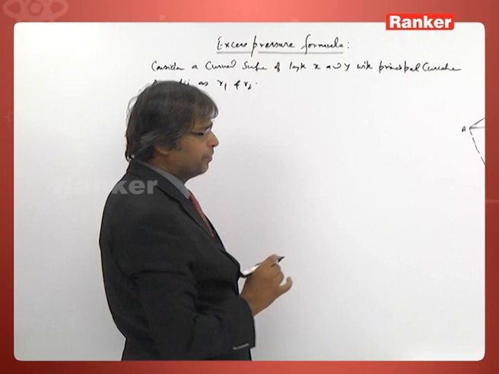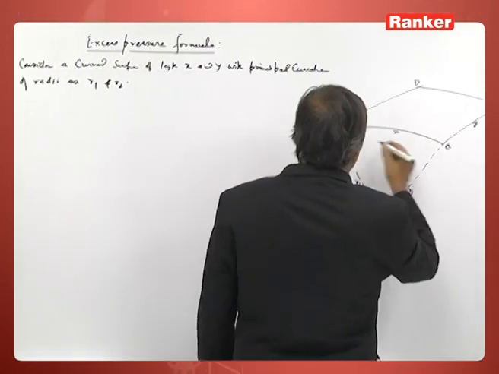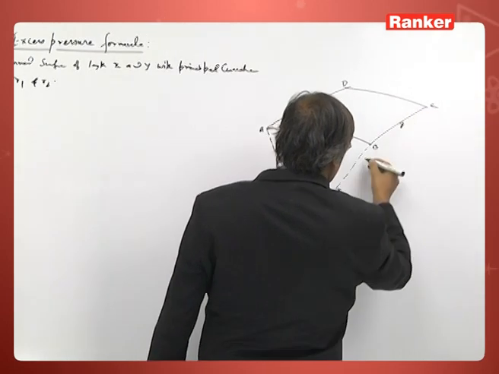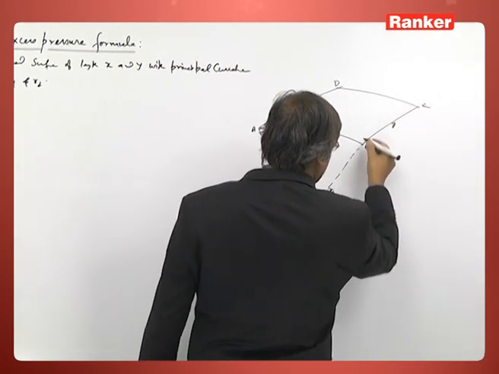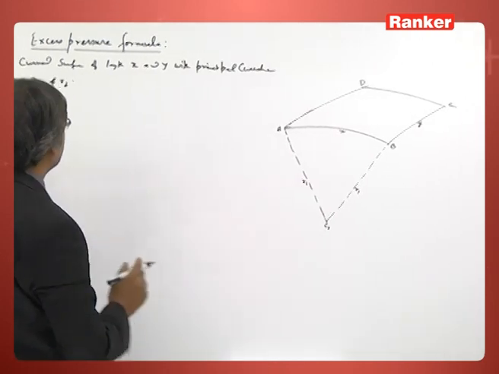R1 is shown in the figure; R2 is the other radius of curvature, and it will be like this, suppose. R2 is not shown.